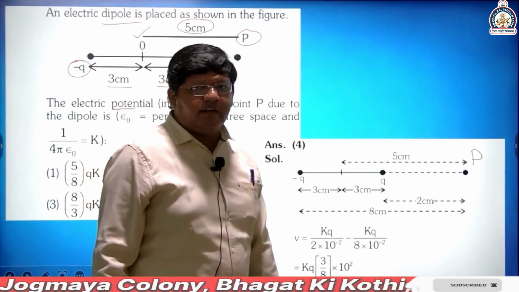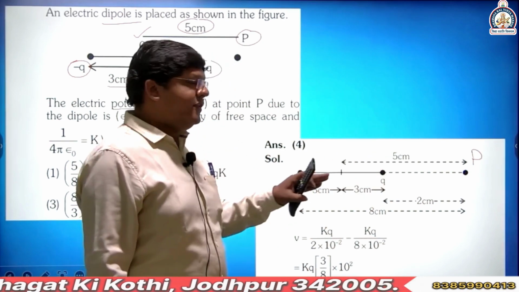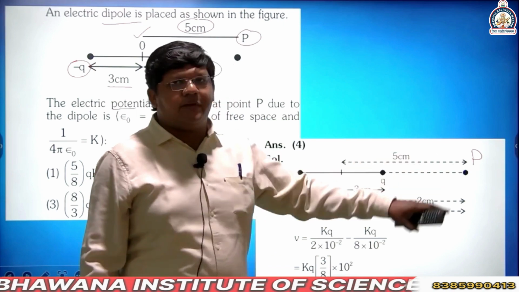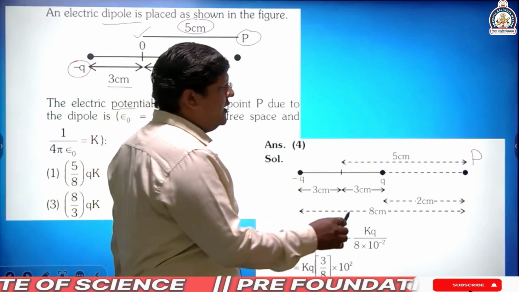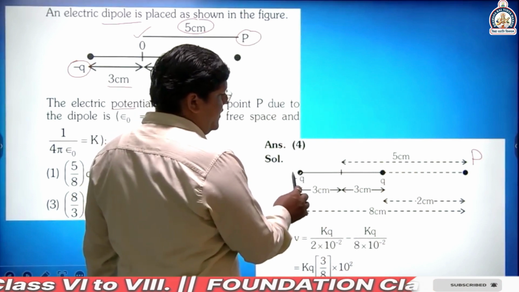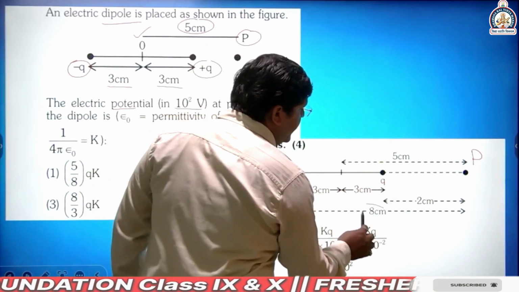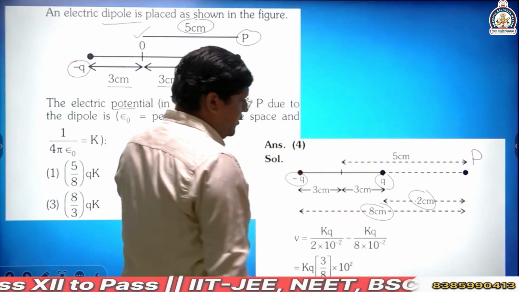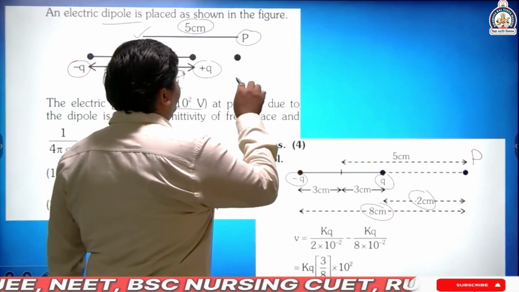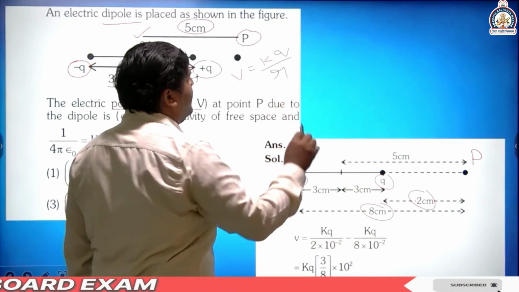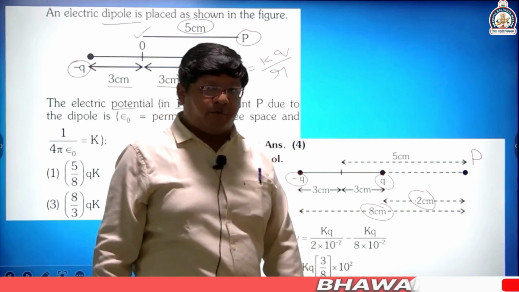Now you can see at P there is a potential due to minus Q and there will also be a potential due to plus q. So we have to define the distance separately. From minus q, point P is 8 centimeter away, and from plus q it is 2 centimeter away. We just use the formula for potential, V is equal to kq upon r. This is the required formula for potential due to a single point charge.